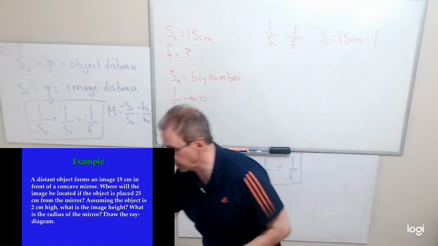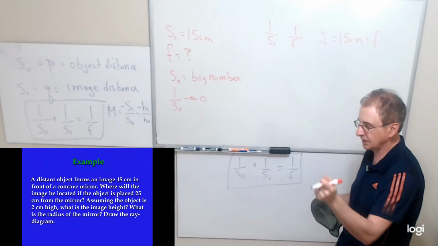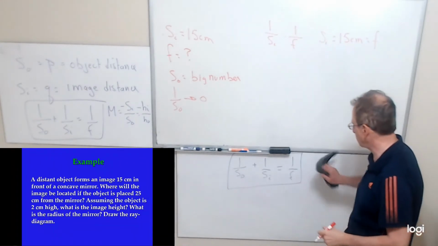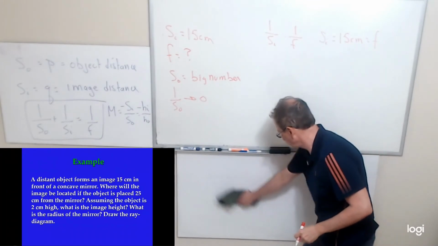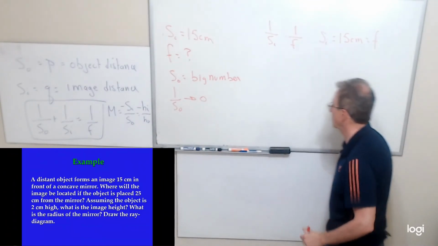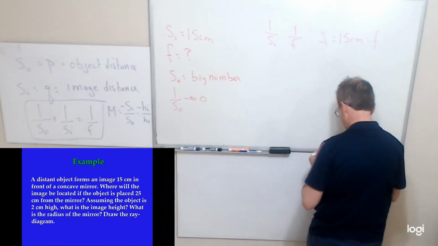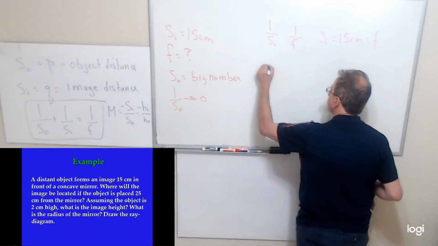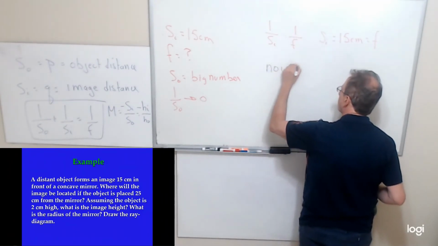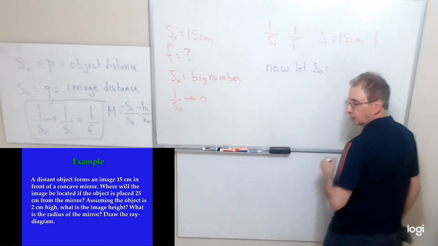Now, where will the image be located if you place the object 25 centimeters from the mirror? Okay, so now let S naught equal 25 centimeters.